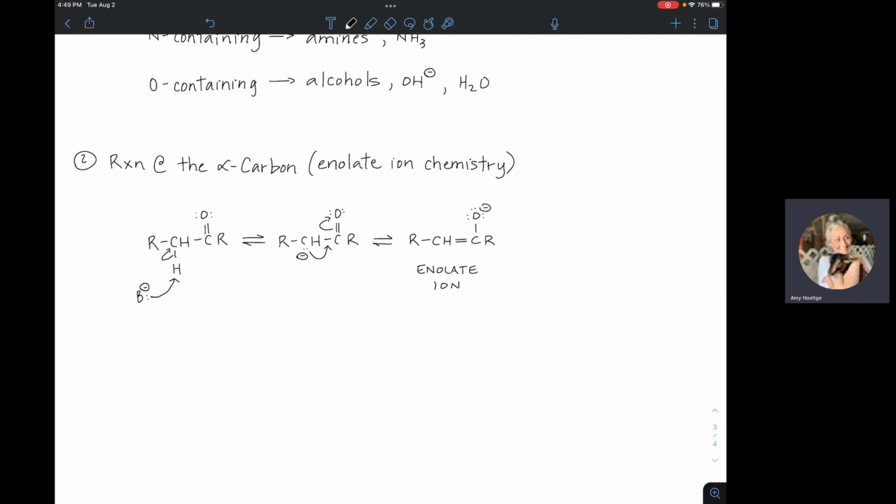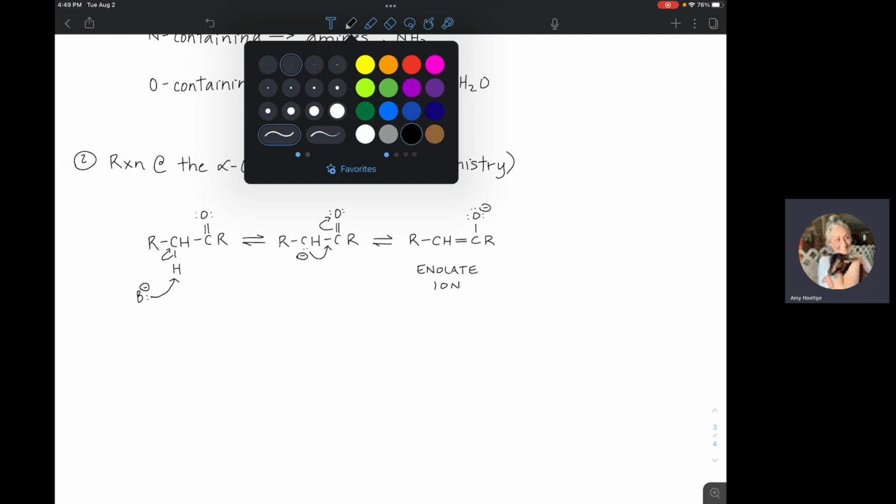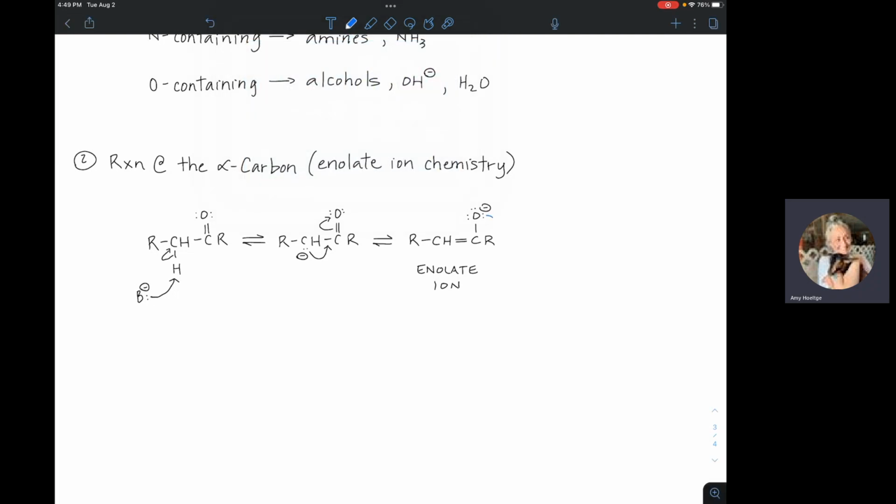When the carbonyl reforms, so I could send these electrons back down, reform the pi bond, these electrons can go off and attack some electrophile. We can actually attack another aldehyde or a ketone.